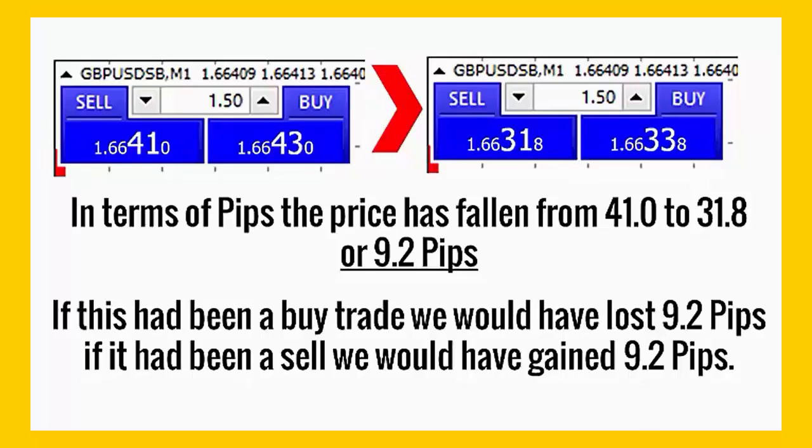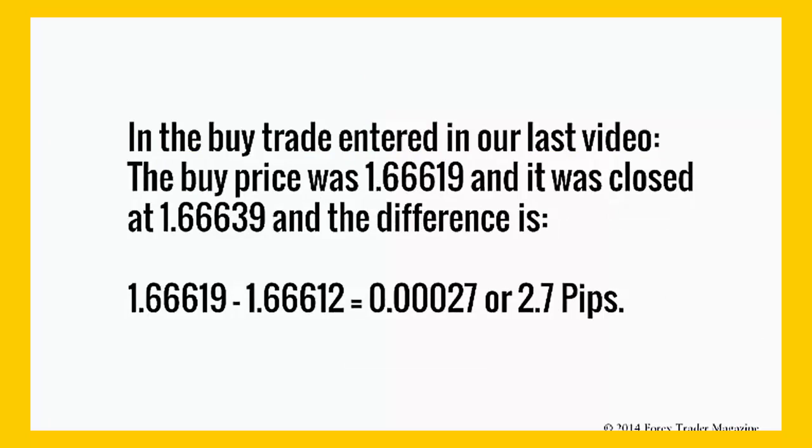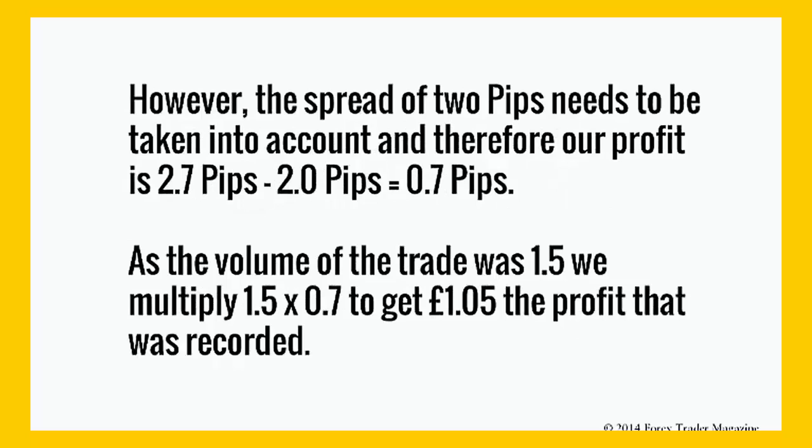In the buy trade, which was entered in the last video, the buy price was 1.66619, and it was closed at 1.6639. The difference on that occasion, taking the 4th decimal place, was 0.0002, and we take into account the 5th decimal place as being part of a pip, so 2.7.